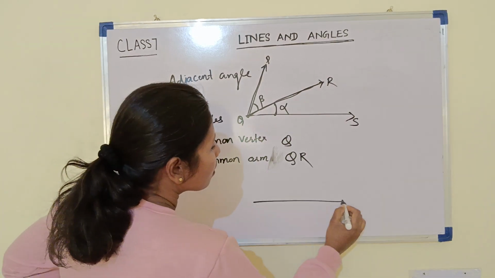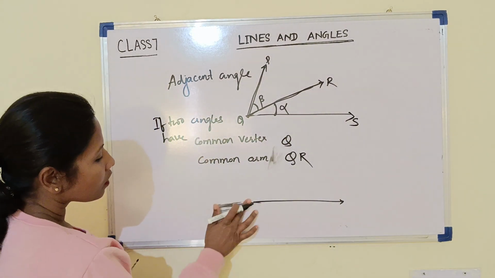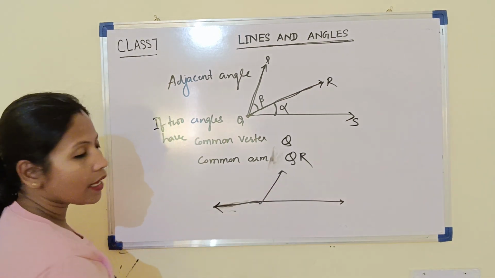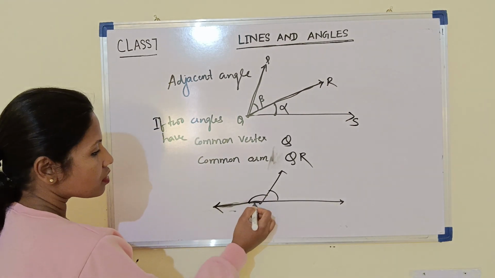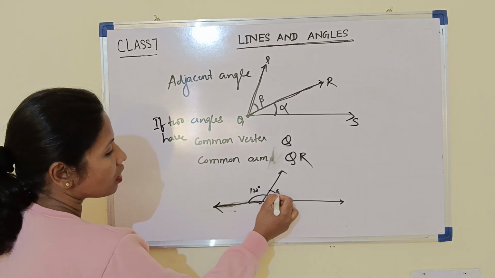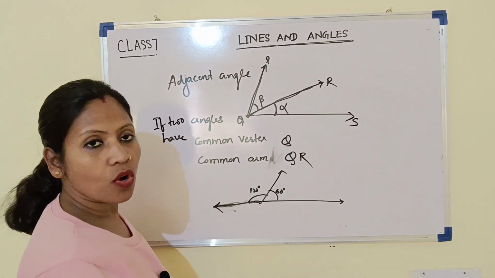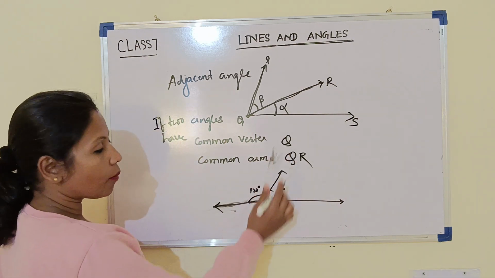Now I'll take a special case of adjacent angle. This is also possible: this whole angle is a straight angle, meaning the combination of this and this is 180 degree. So this angle and this angle are also adjacent angles, because they have a common vertex and a common arm.